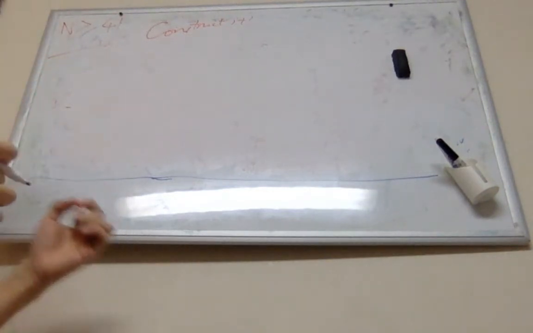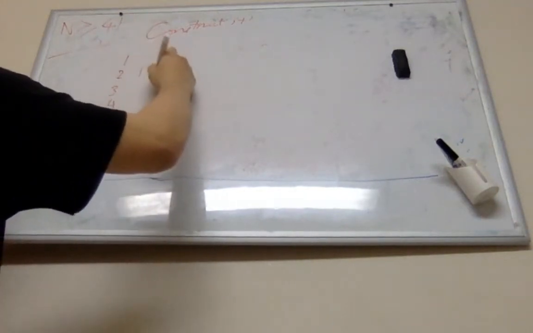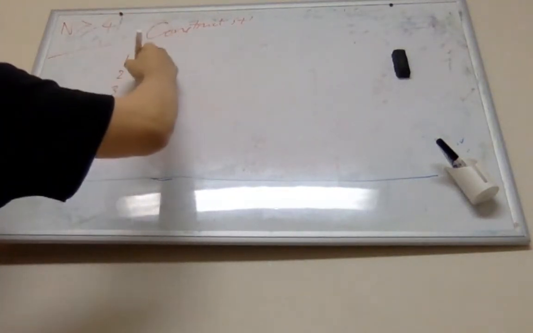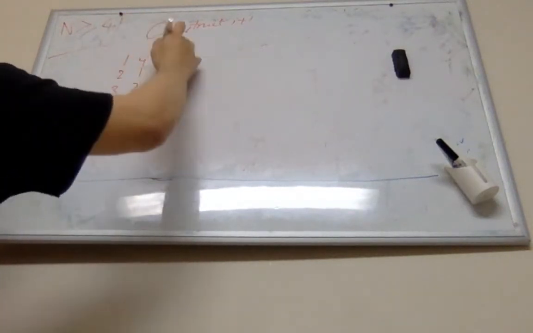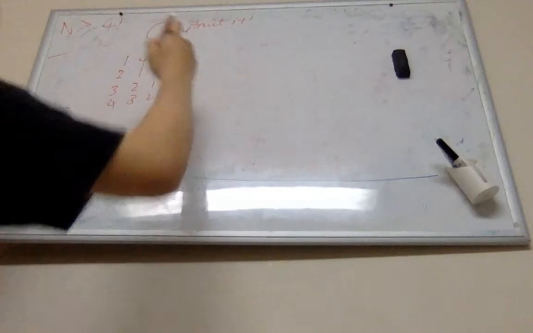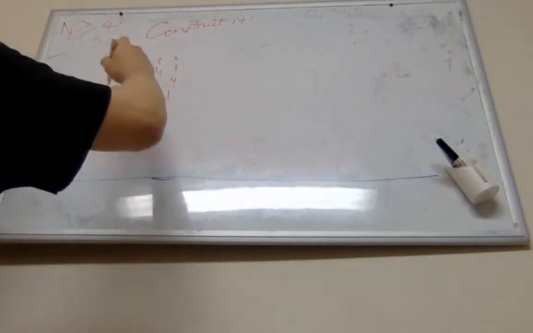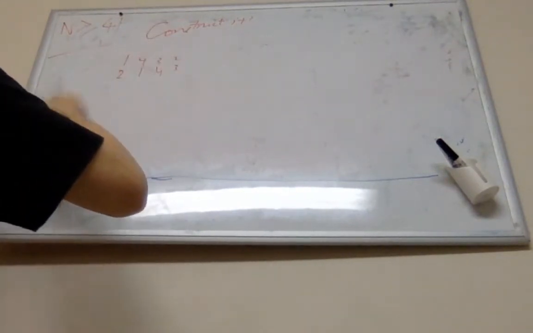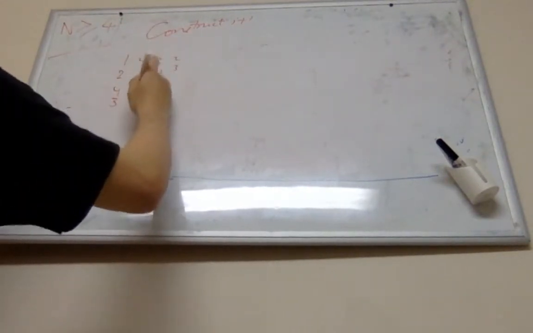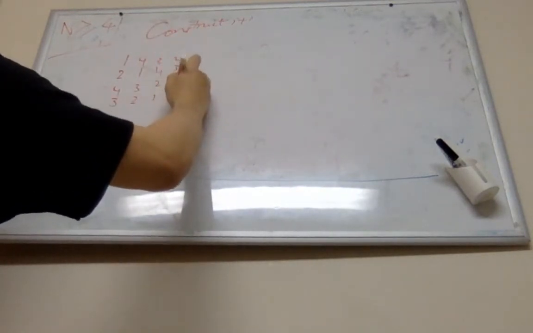Well, there's actually a small observation. If you look at the original one, where all the elements on the diagonals are the same, 1, 2, 3, 4, 1, 2, 3, 4, let's see what happens if we swap these two rows. You'll get 1, 2, 3, 4, and so on.